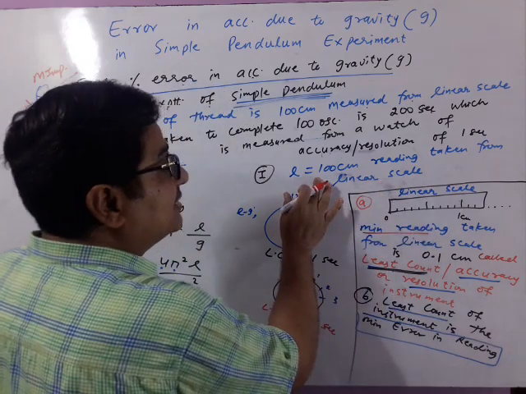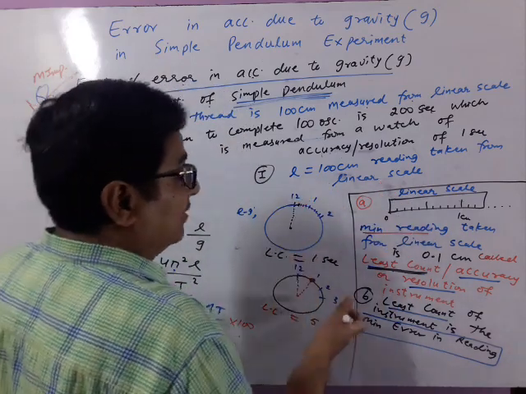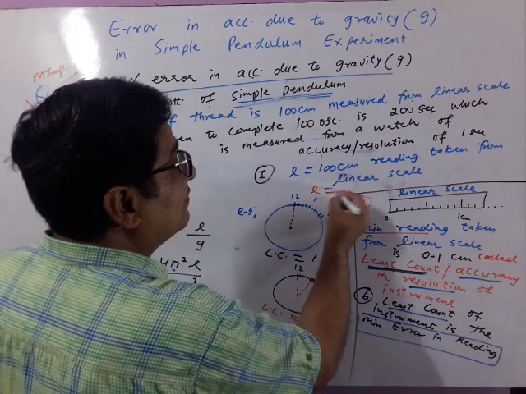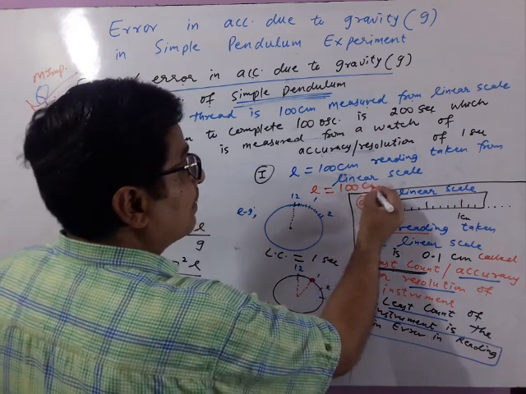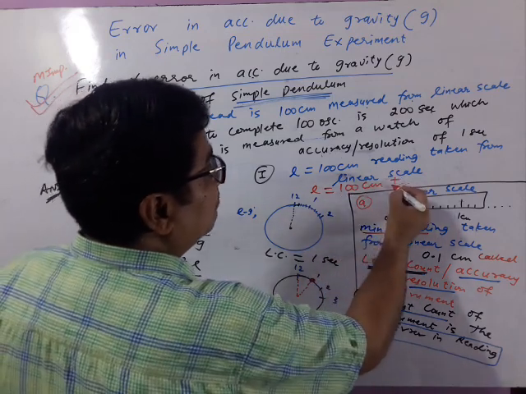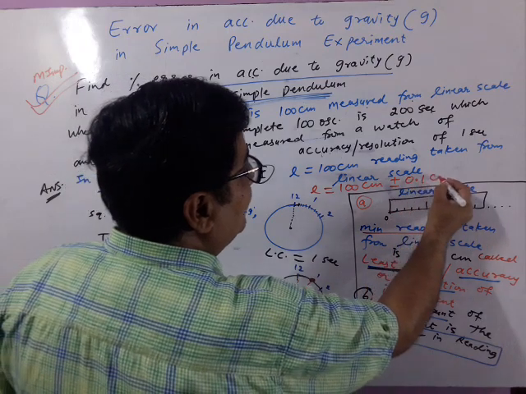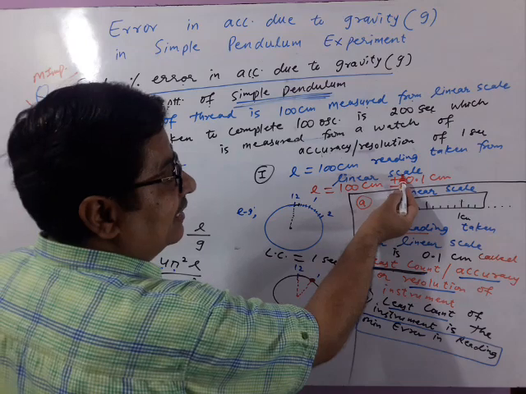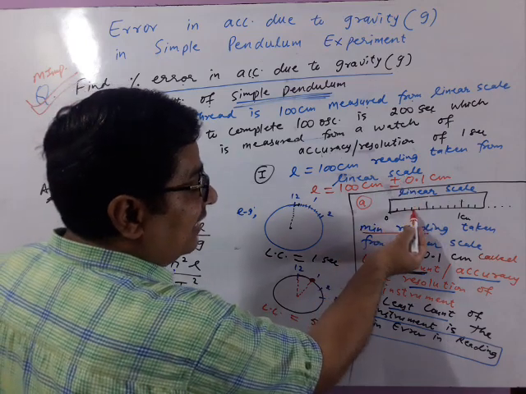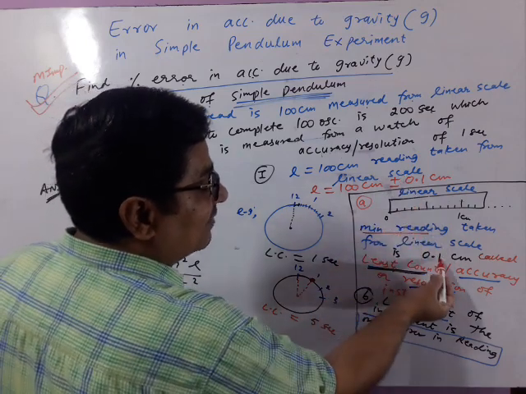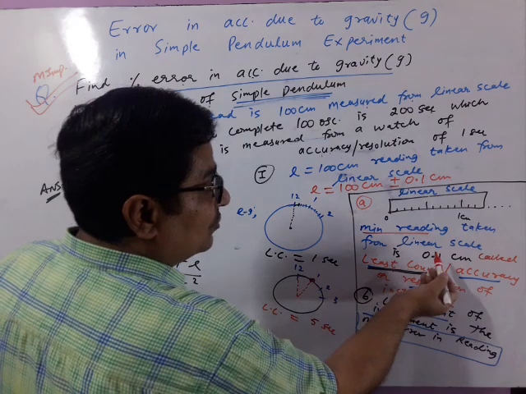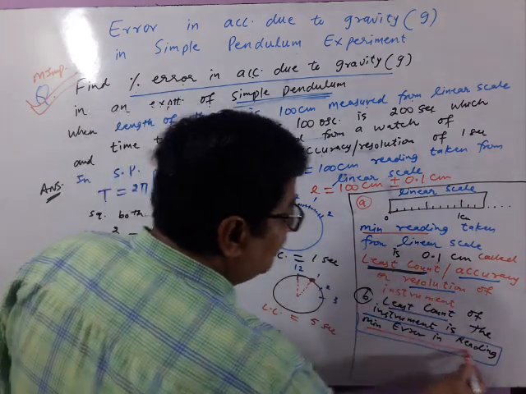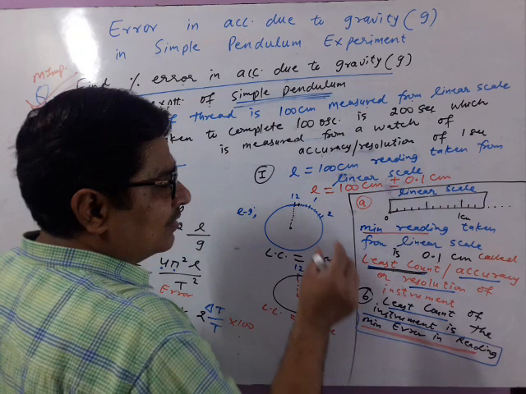So this reading seems to be accurate one, but it is having some error. 100 centimeter plus minus 0.1 centimeter. Name of the scale is linear scale. Linear scale having least count 0.1 centimeter. So this least count is the minimum error in reading.